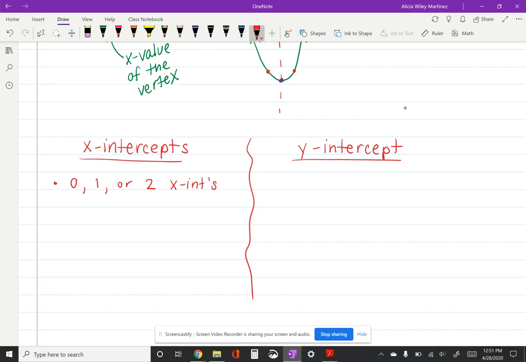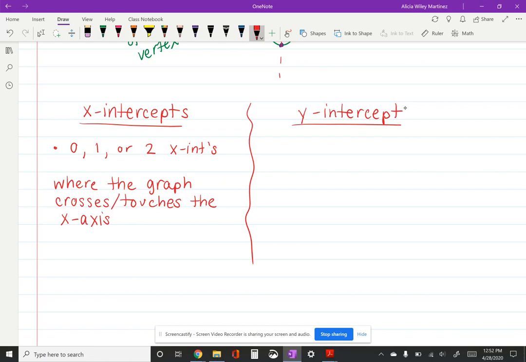Remember, an x-intercept is where the graph crosses or touches or intersects the x-axis. Any point on the x-axis will always have the form of some x value, comma, 0. For an x-intercept, the y value is always 0.